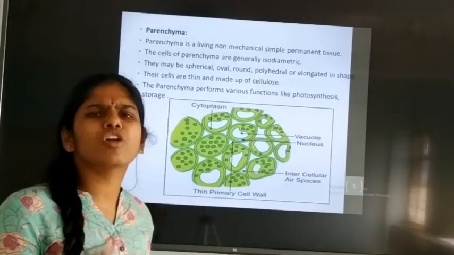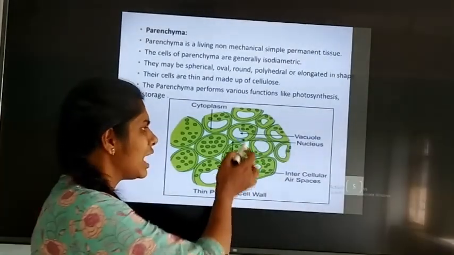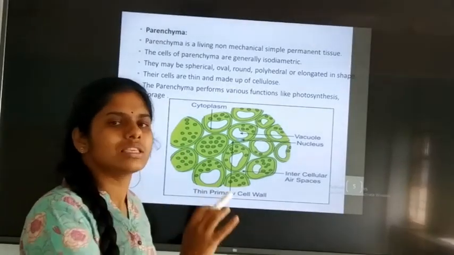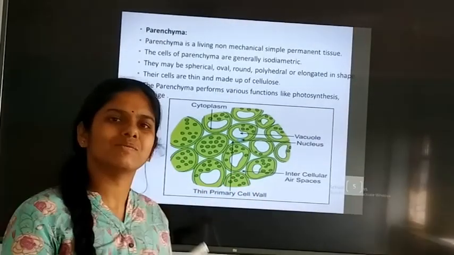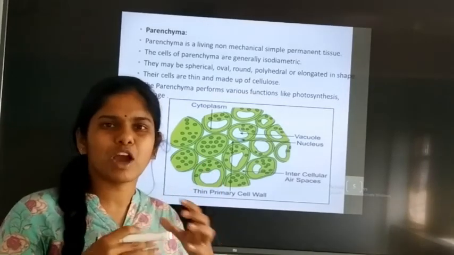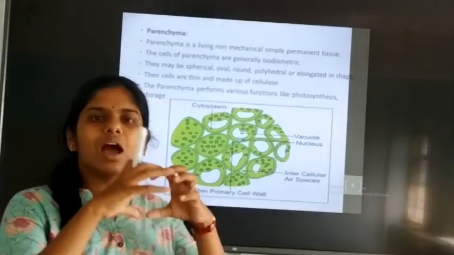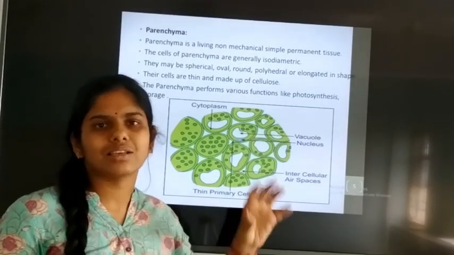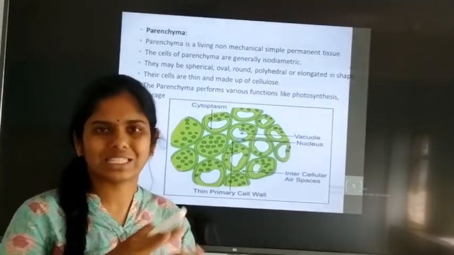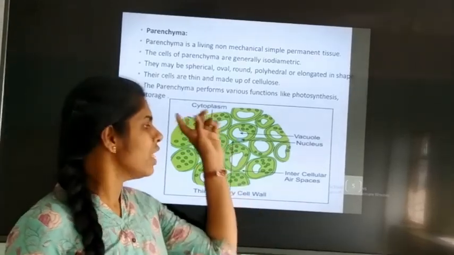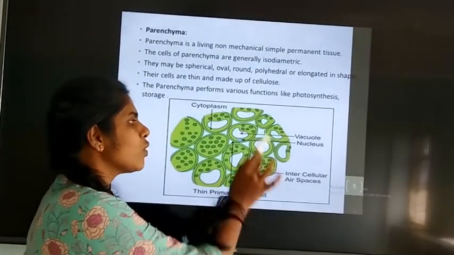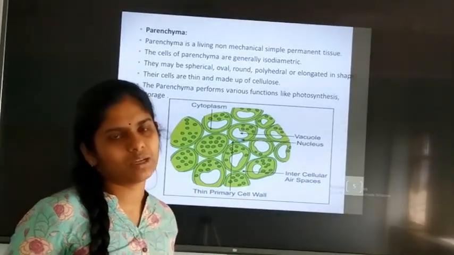Isodiametric means more or less the diameter and length of all the cells become the same. It is more or less, not exact. So length-wise, breadth-wise or diameter-wise, all the cells' size is equal, the same, we say. So that's why parenchyma is called isodiametric in nature.